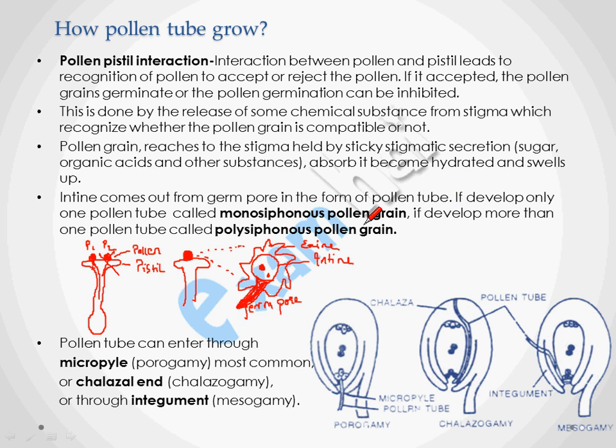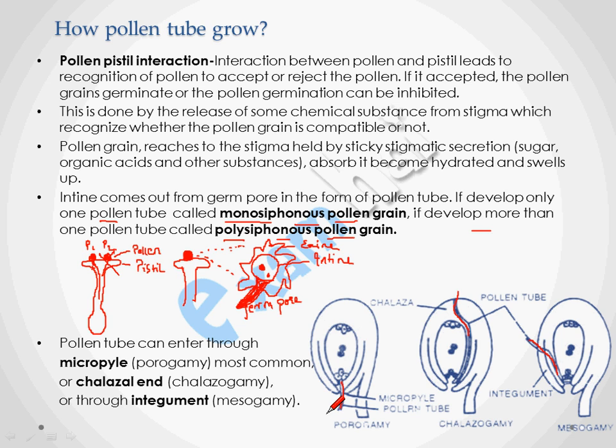If one pollen tube develops, it is called monosiphonous pollen grain, and if more than one pollen tube develops, it is called polysiphonous pollen grain. The pollen tube can enter through the micropylar end, the chalazal end, or through the integument.